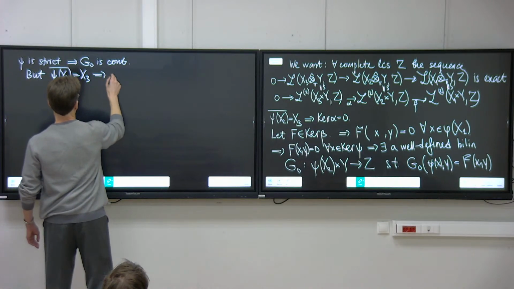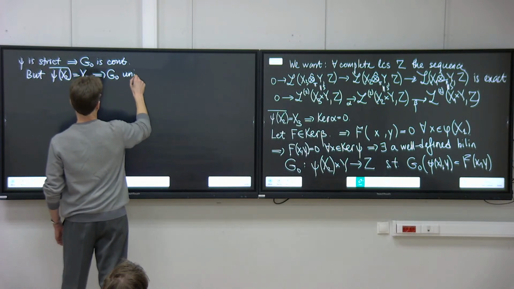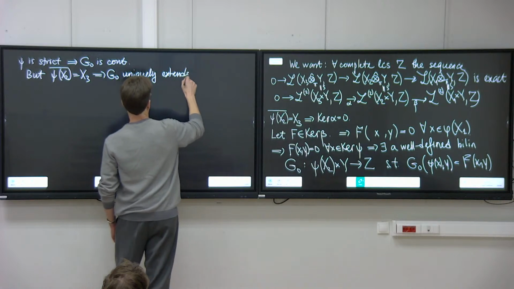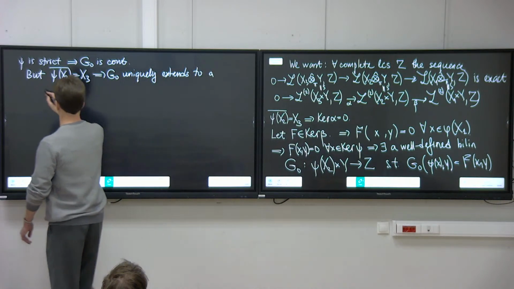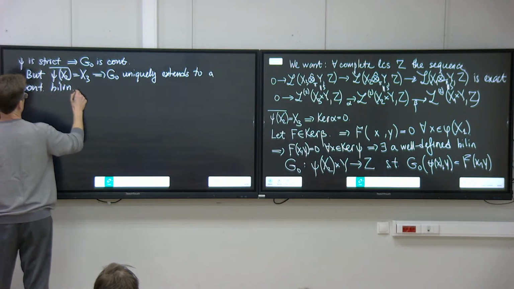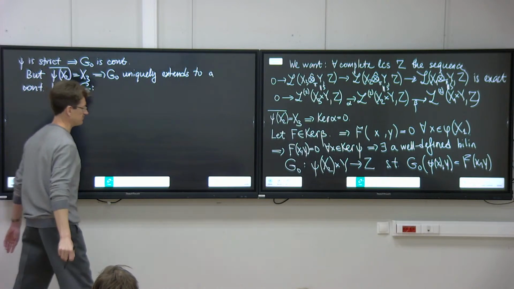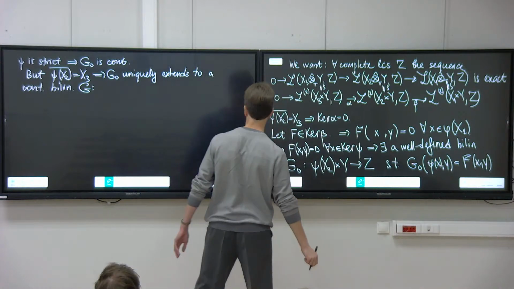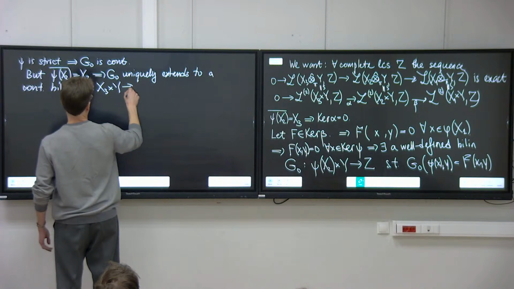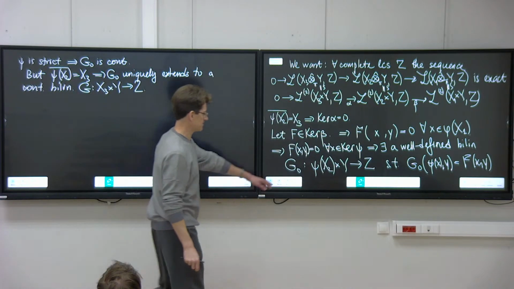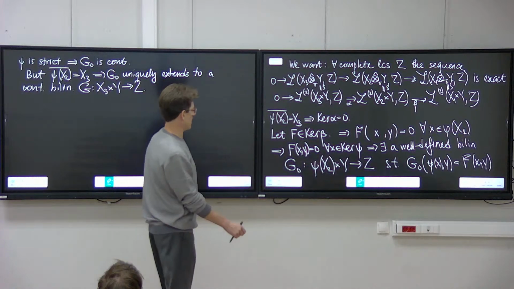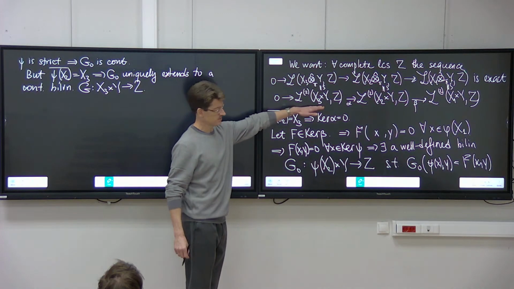And this implies that G0 uniquely extends to a continuous bilinear map G from X3 cross Y to Z. And of course, G satisfies the same formula as G0 does. So as a result, we see that G sits here.